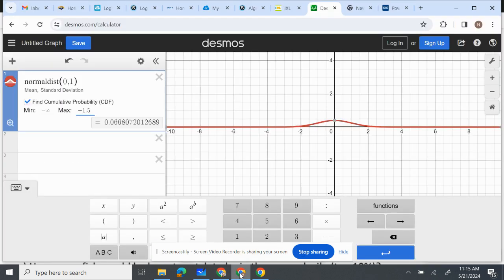We're going to go back to Desmos, and what we have is negative 2.5, and negative 0.5, and that gives us 0.302.